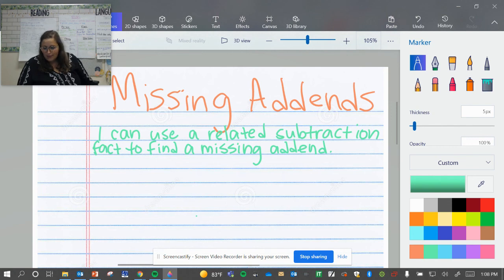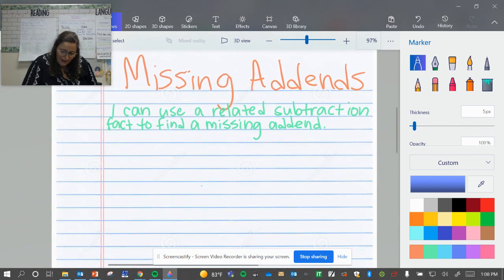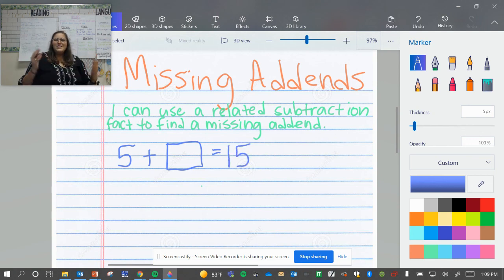So for example, okay, let's use our dark blue, and we're going to say our example is, if I have, we're going to take up 2 lines with these number sentences, okay? If I have 5 plus something, draw a box, equals, let's say 15. 5 plus something equals 15.